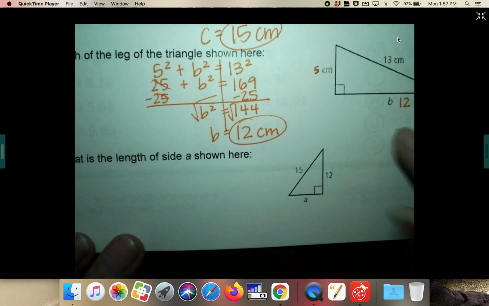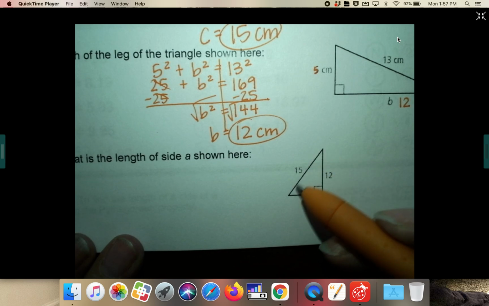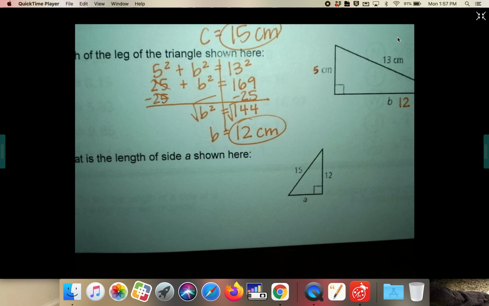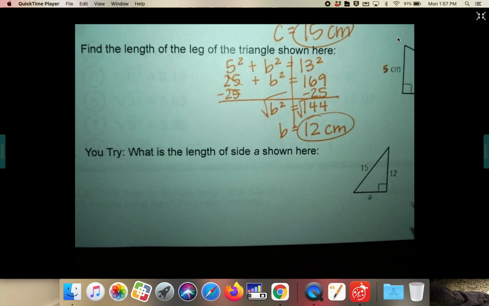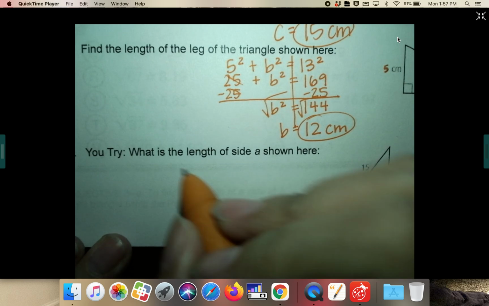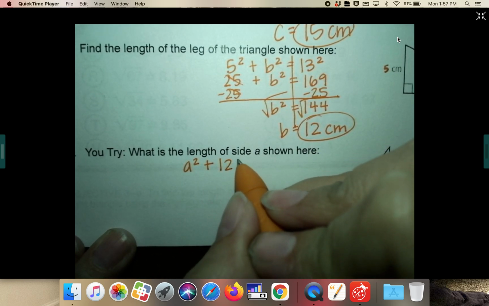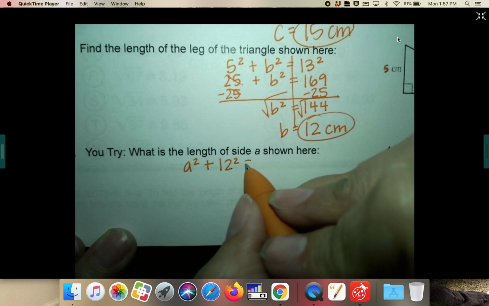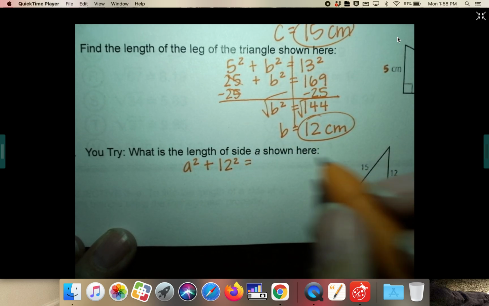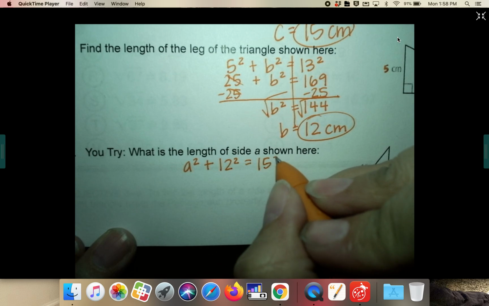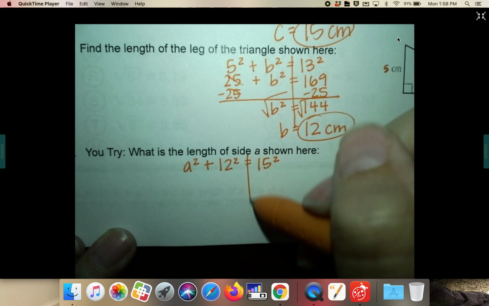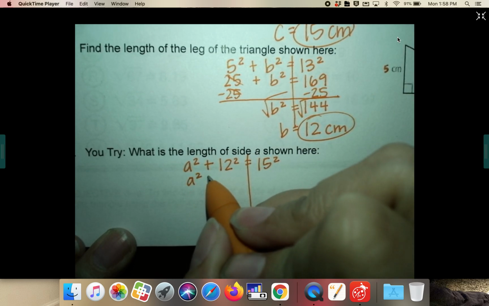Okay, we've got a you-try where you're given the hypotenuse and once again you're missing one of the leg lengths. So pause the video and you try this one. Okay, and so I'm going to leave A as A because we don't know what it is. B is going to be my other shorter side, 12 squared, and it equals the long side. The hypotenuse is 15. Don't forget squared. So when you solve this, we don't know what A is.